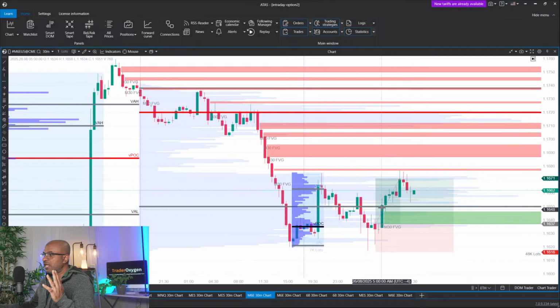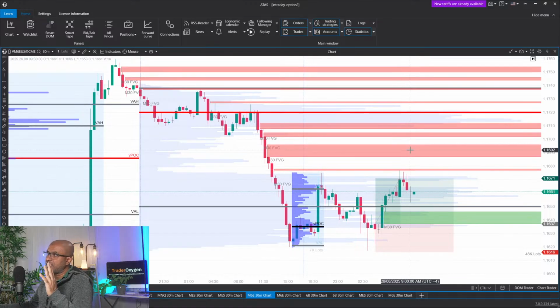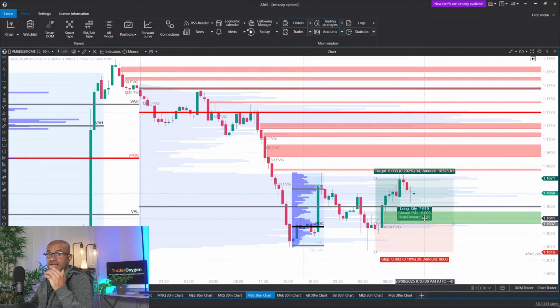Now, if when the price pushed up it made a significant break of structure up here, then with this bullish fair value gap, if the price retraced to the bullish fair value gap, there's more probability of this setup being a winning trade.